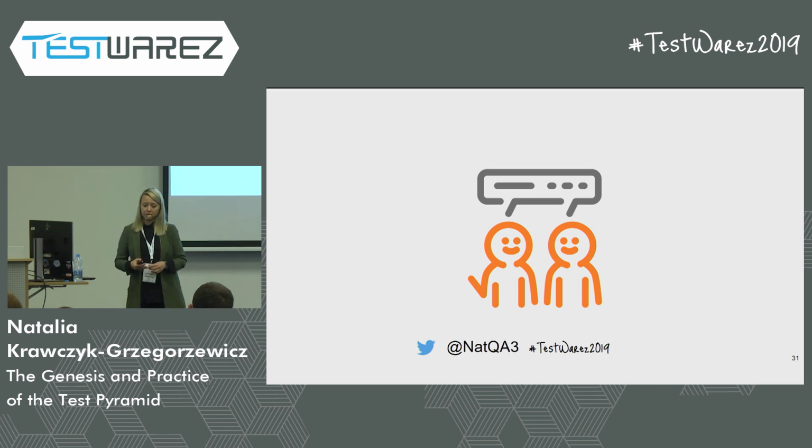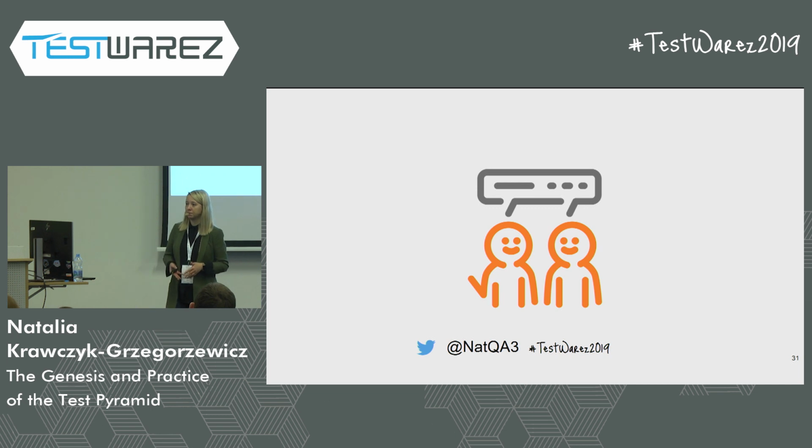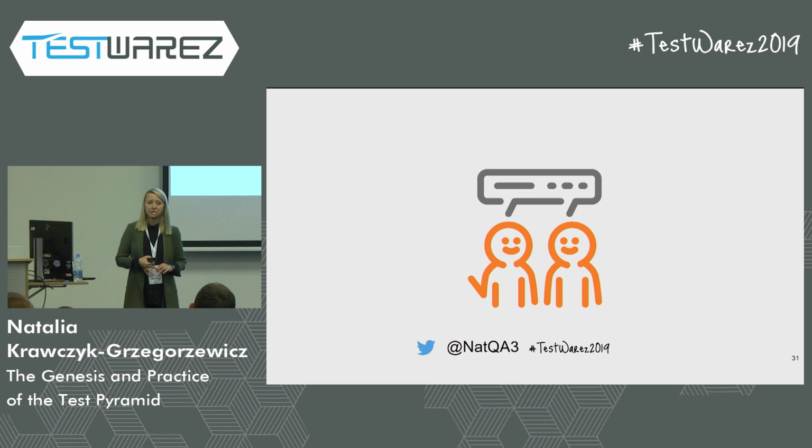It also depends on the project, because if you start a new project, a greenfield, then it's very easy to start with the pyramid. But the hardest part is if you have a project which is in the maintenance phase, or you're doing some architecture work, and you already have some end-to-end tests, and then you need to change to the pyramid.